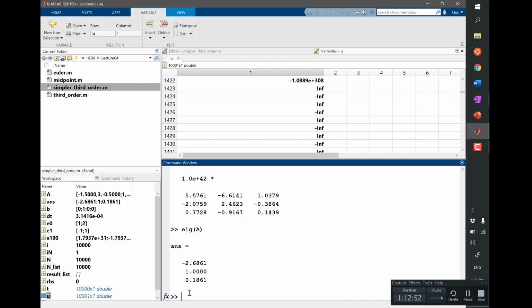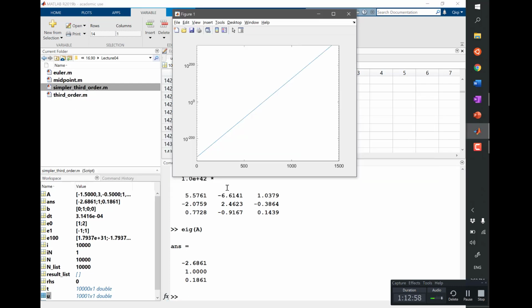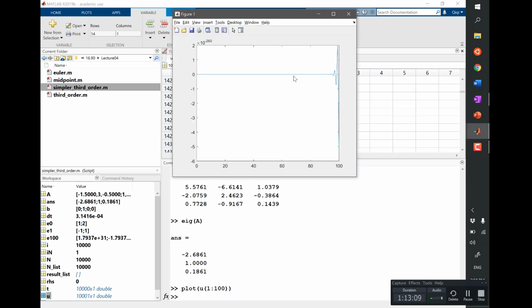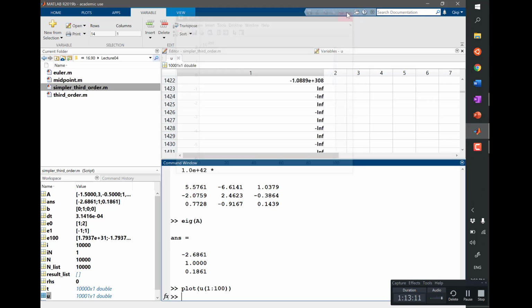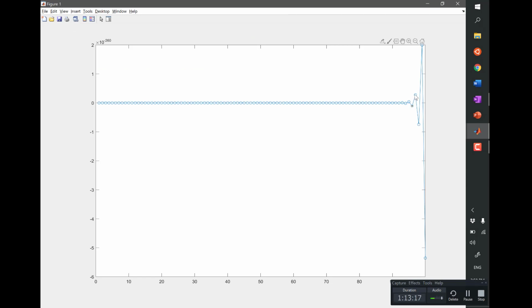Minus 2.6861. I don't know if I still have the figure, but if you plot the solution, let me just plot it. Do you see what the ratio is?